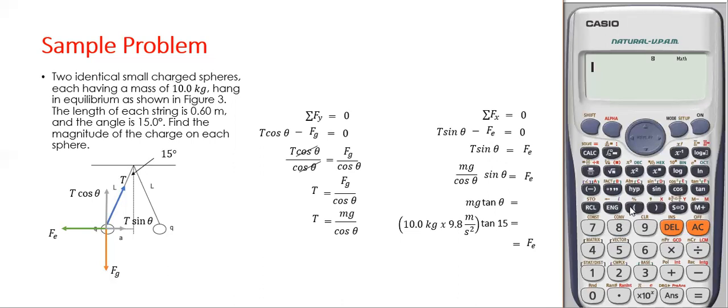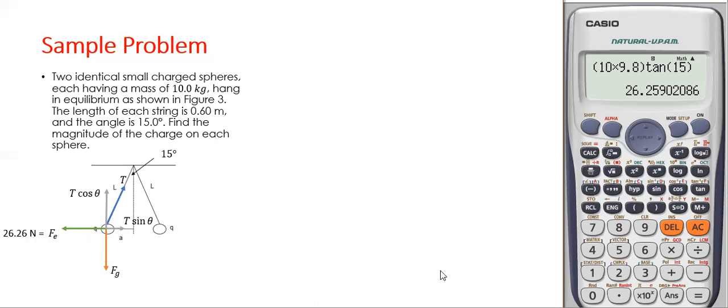So let's calculate the electric force. 10 times 9.8 times tangent 15 degrees. So we have 26.26 Newtons. Okay, nakuha na po natin yung value ng electric force na kailangan natin sa pag-calculate ng charge. Pero, hindi pa rin natin alam yung distance between these two charges.